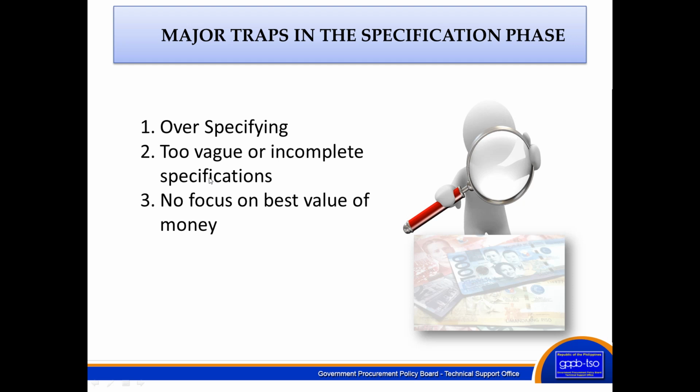Another one, no focus on best value for money. Of course, this could be considered a major trap in the specification phase when we are talking about government procurement. Why? Because we are actually avoiding extravagant purchases that cannot be accommodated by the procurement law.